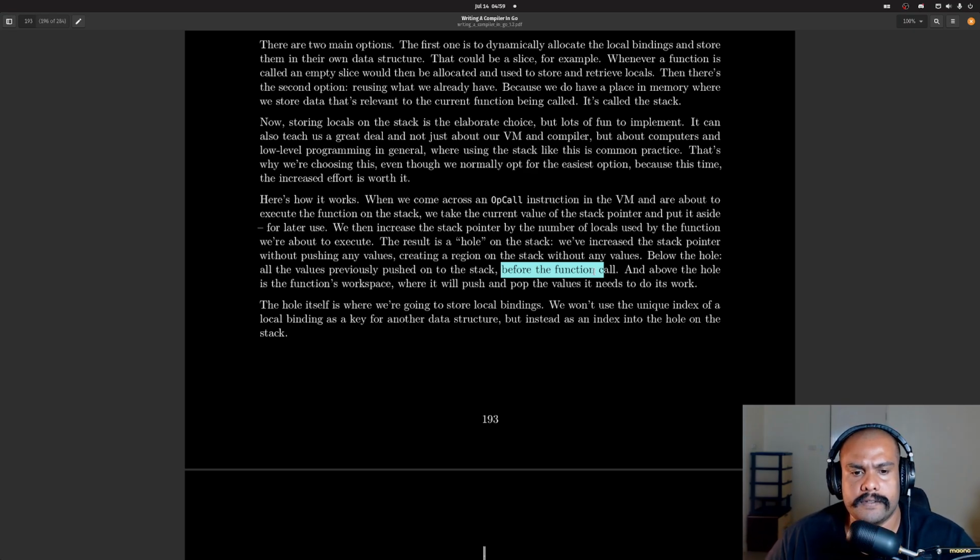The hole itself is where we're going to store local bindings. We don't use the unique index of a local binding as a key for another data structure, but instead as an index into the hole on the stack. Okay.